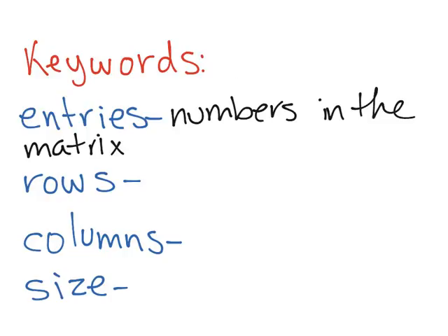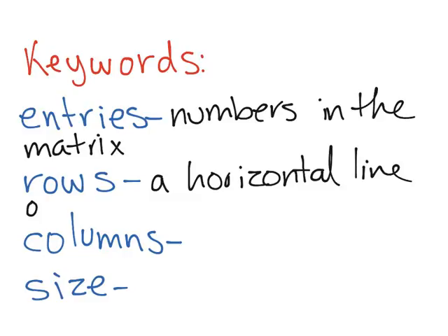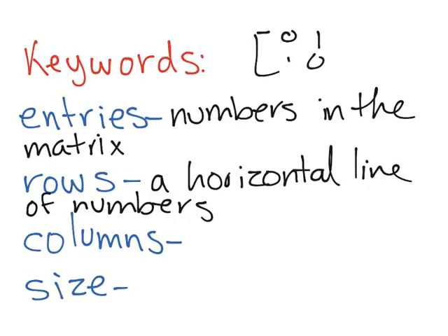Now, the rows, well, it's just a horizontal line of numbers in the matrix. I'm just going to keep this matrix right here. This one has 2 rows. This is 1 row, and this is the second row.